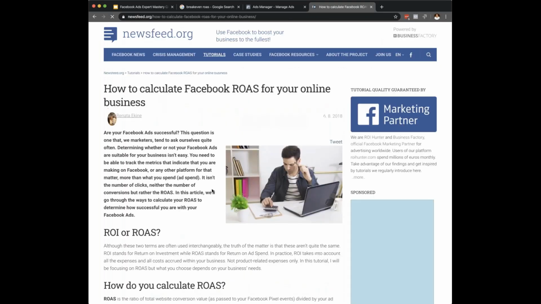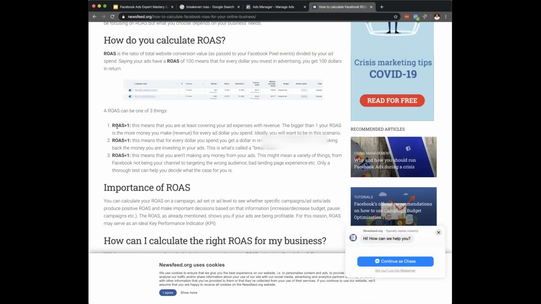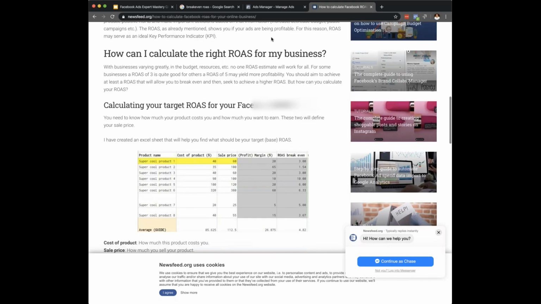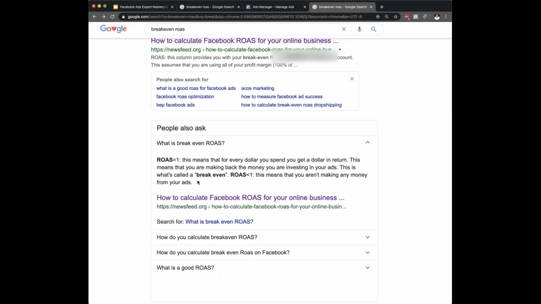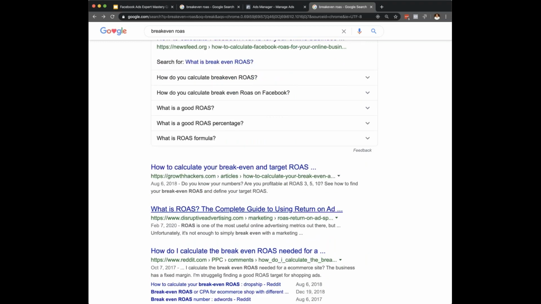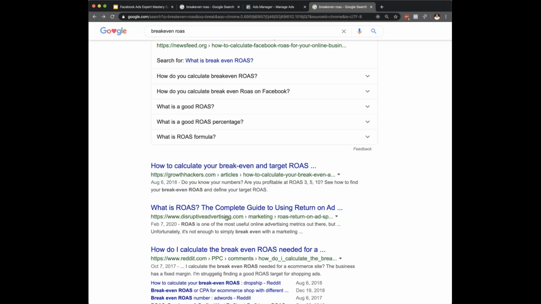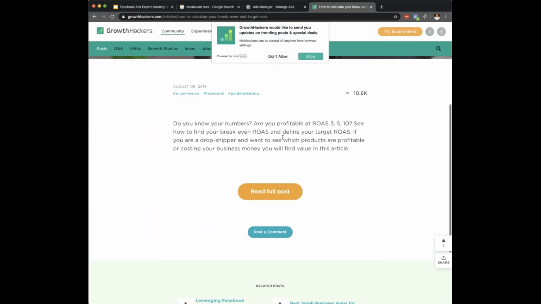Yeah, I'm sure plenty of articles will break it down for you. So they'll break down how to calculate it. This one's a 1, but that's because they're talking about a break even in terms of your marketing spend. But some of these articles will talk about your product break even.